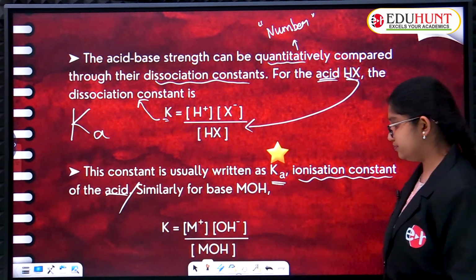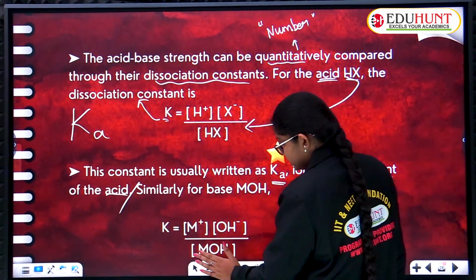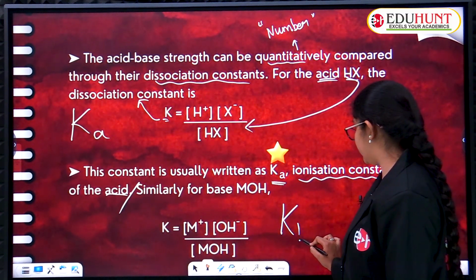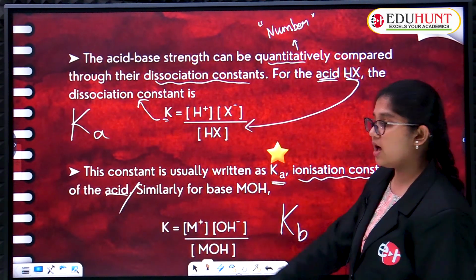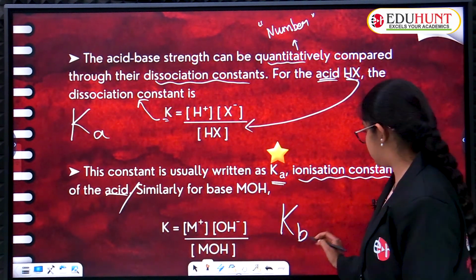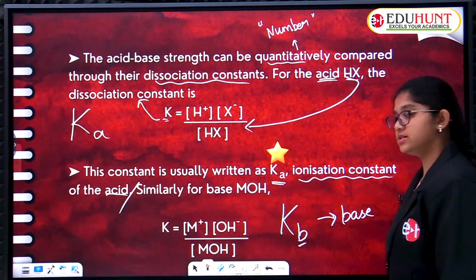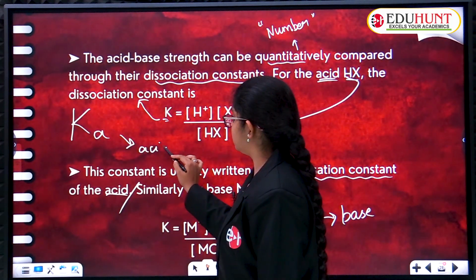That is the dissociation constant for base. For base we write capital K and small b, Kb. Ka is for acid, Kb is for base, because the letter b is included.